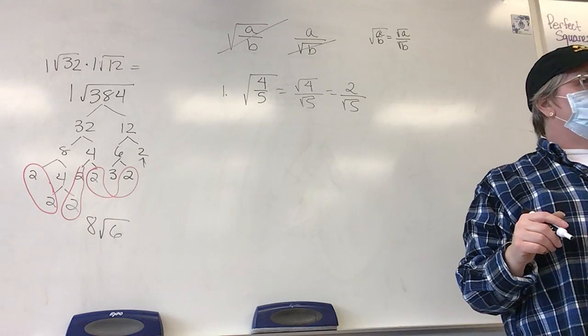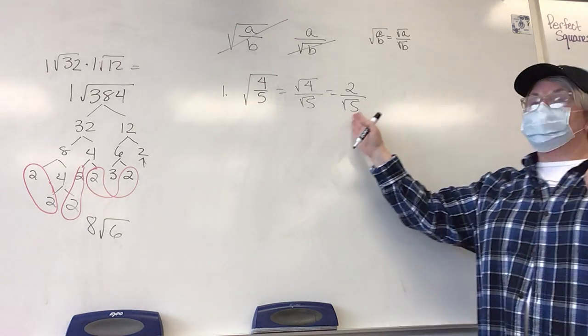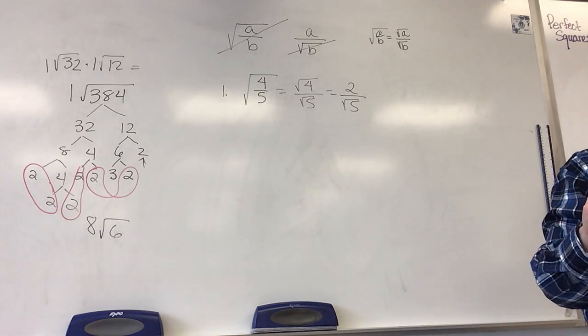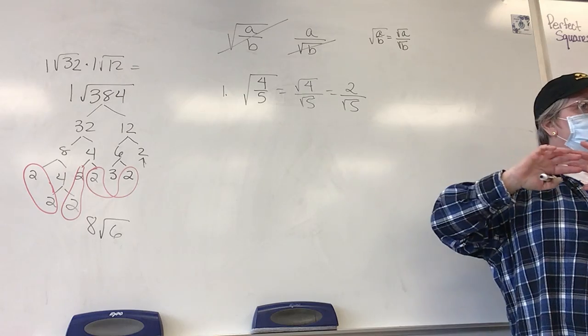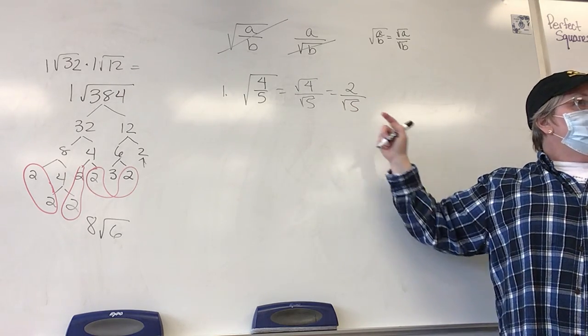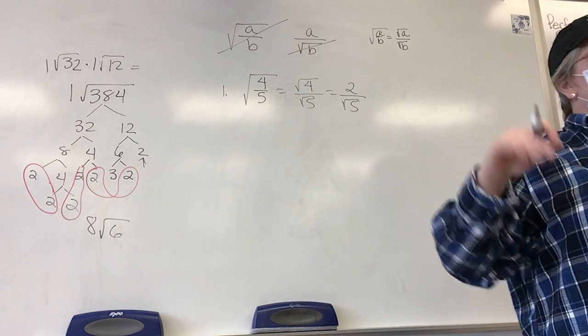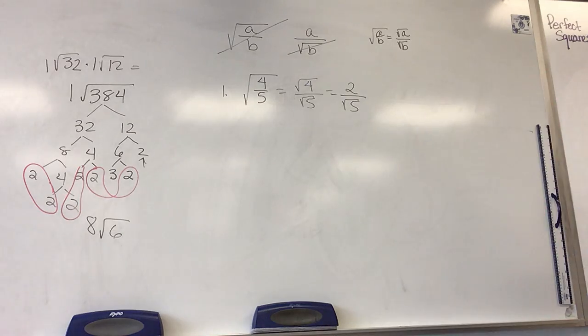So you learned a process, I hope, called rationalization, which is that I'm going to take this fraction and multiply it by 1. And if I multiply it by 1, I'm not changing the value of the fraction at all, because if you multiply anything by 1, you get itself back again, right? But the 1 can look like 3 over 3, or 10 over 10, or a million over a million, right?